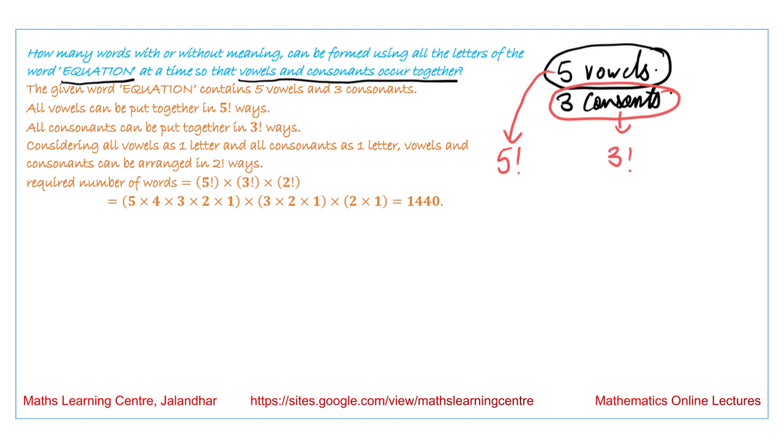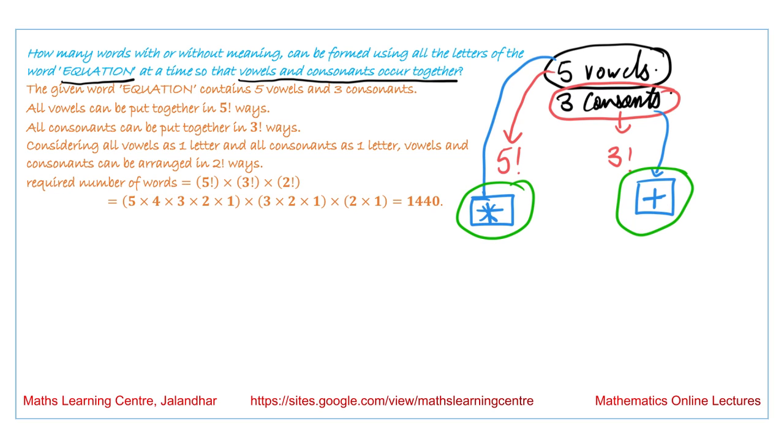Now suppose we consider these 5 vowels as one letter, denoted by star, and these 3 consonants as one letter, denoted by plus. Now how many arrangements with these 2 elements can be made? 2 arrangements can be made.